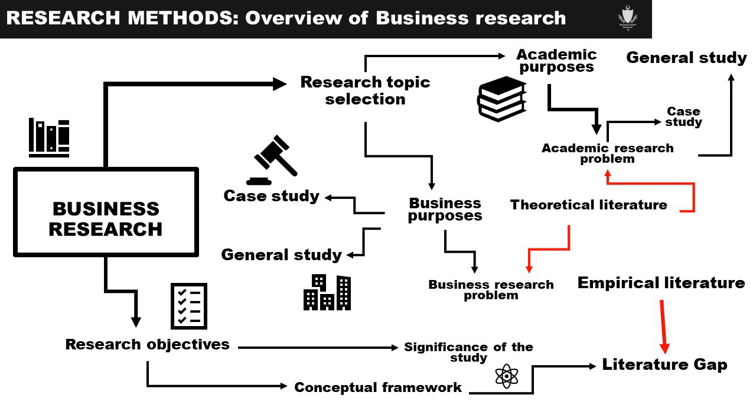So, on the other hand, we are saying that research objectives are very much connected to the conceptual framework, meaning a conceptual framework just shows us in a diagram form how the variables expressed in the research objectives are connected.